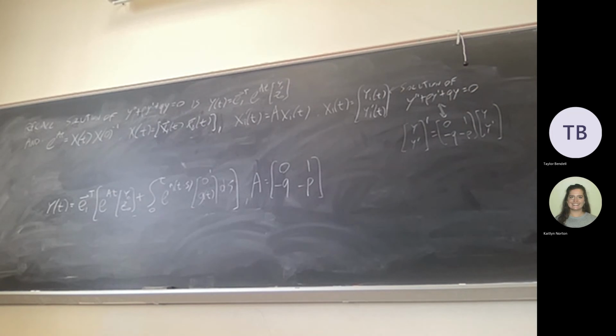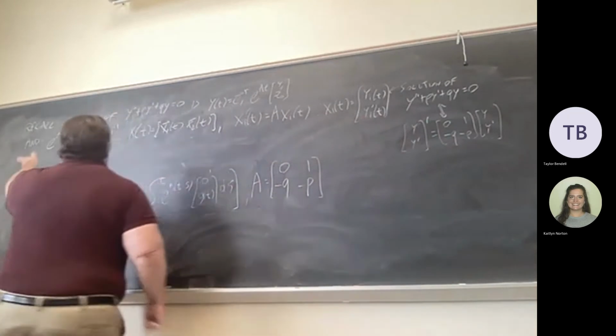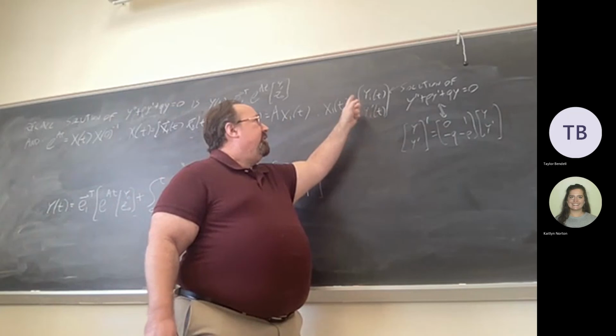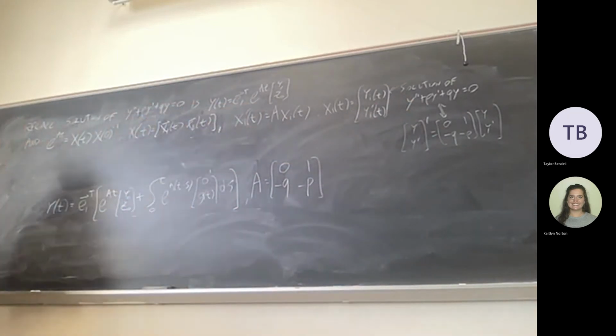Because that's how we rewrite higher order ODEs as first order systems. The first component is always a solution of a higher order ODE. The other components are always that solution's lower order derivatives. So here we're dealing with the first order system, but now we need to tie it back to the original higher order ODE.